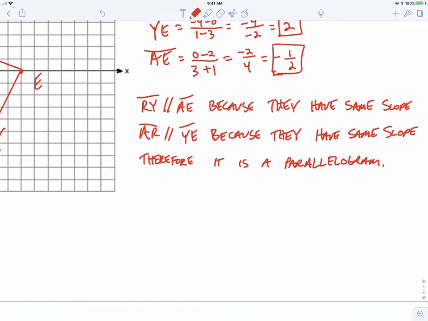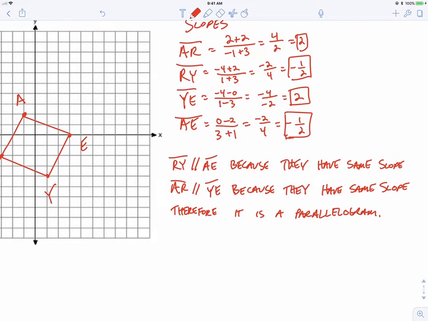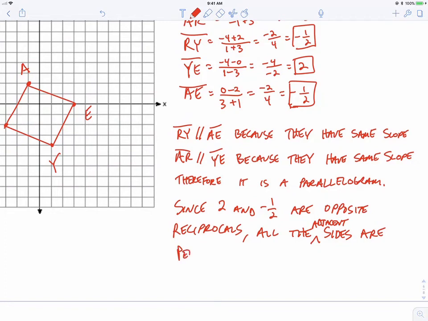Now to prove it's a rectangle, we want to show that the sides are all perpendicular, which they are going to be because the slopes that are not parallel are opposite reciprocals of each other. So since 2 and negative 1/2 are opposite reciprocals, all the adjacent sides, sorry, all the adjacent sides are perpendicular to each other.